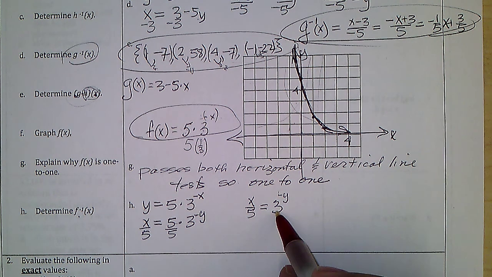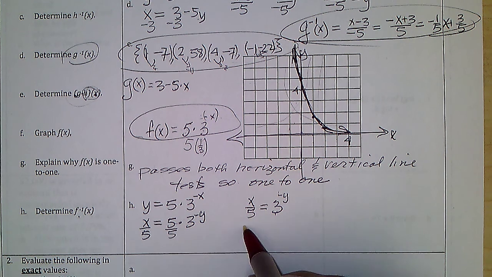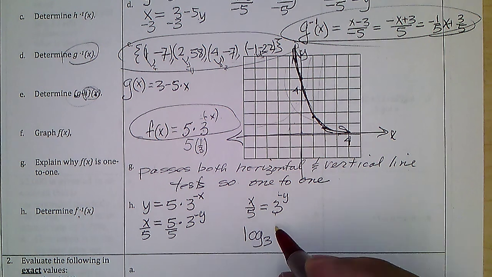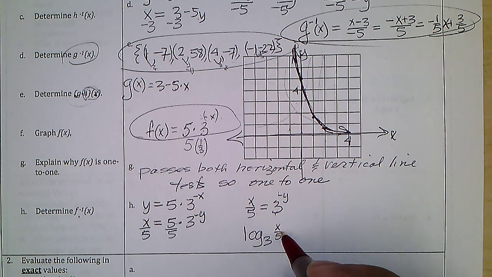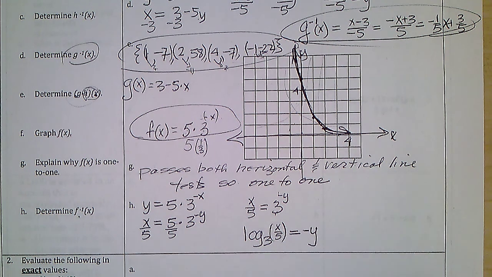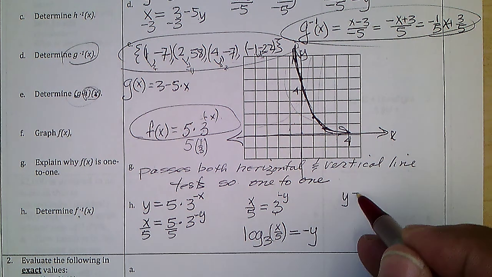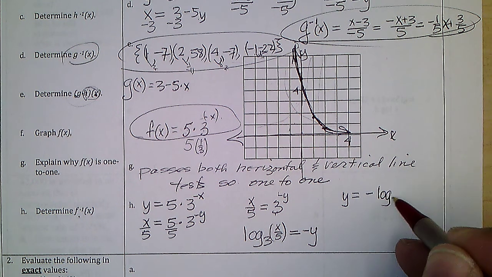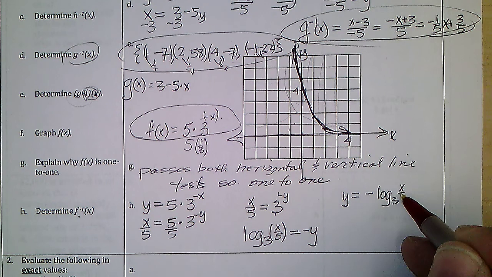The base of the power is 3. So we write log base 3 of x over 5 equals negative y. Then we multiply by negative 1. We get y equals negative log base 3 of x over 5.